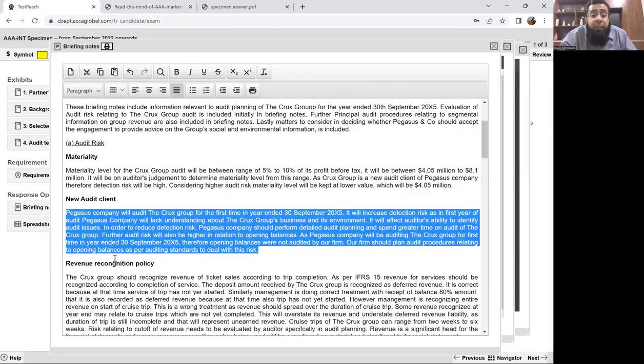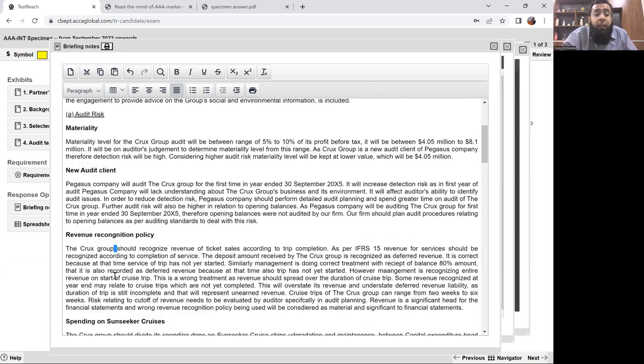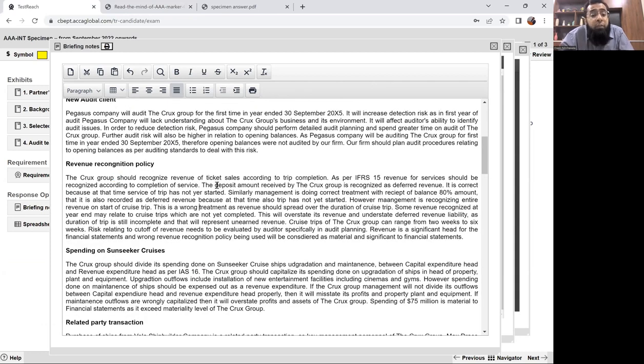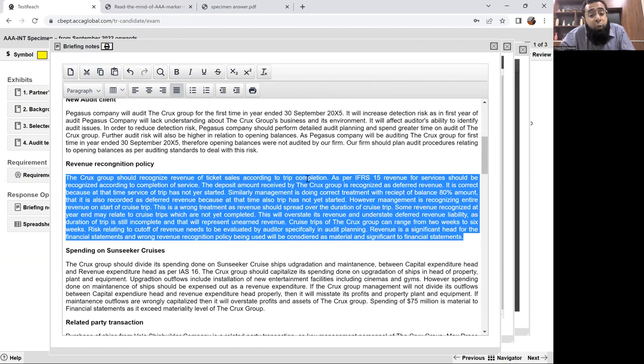Now, if you look at the answer which we developed, the Crux Group should recognize revenue of ticket sales according to trip completion. As per IFRS, revenue for services should be recognized according to completion of service. The deposit amount received by the Crux Group is recognized as deferred revenue. It is correct because at that time, the service of the trip has not yet started.